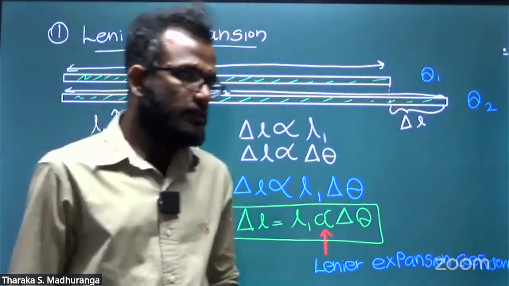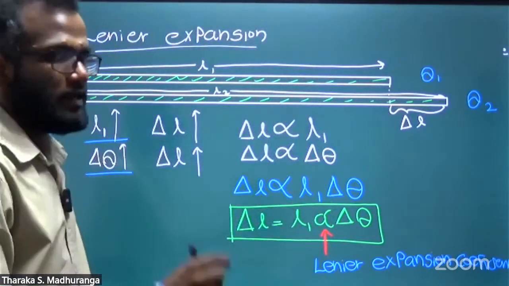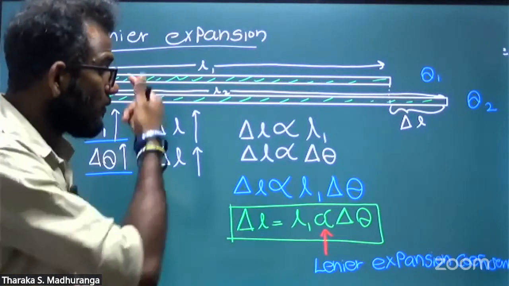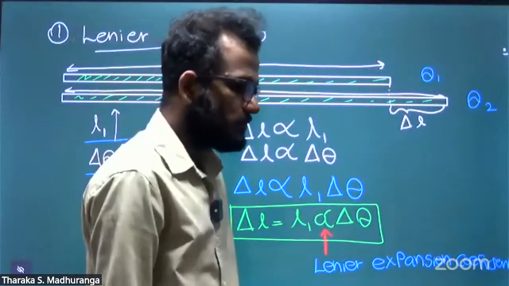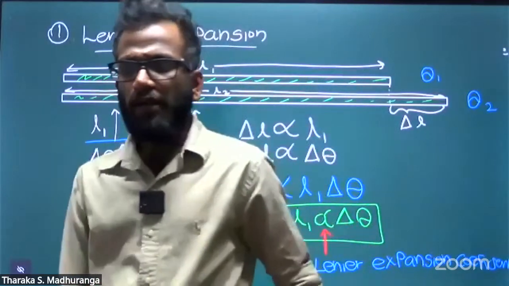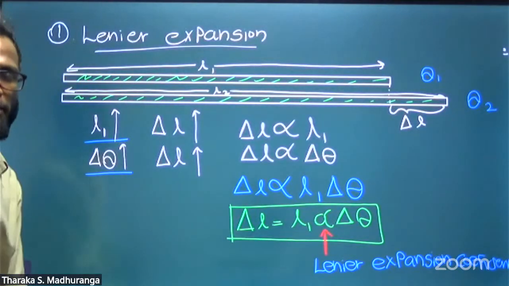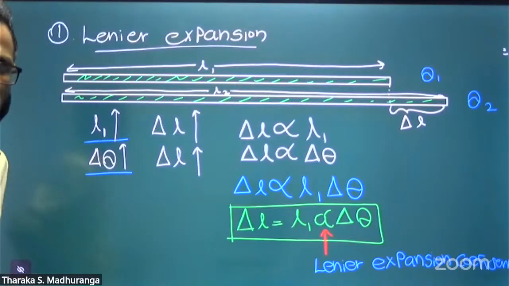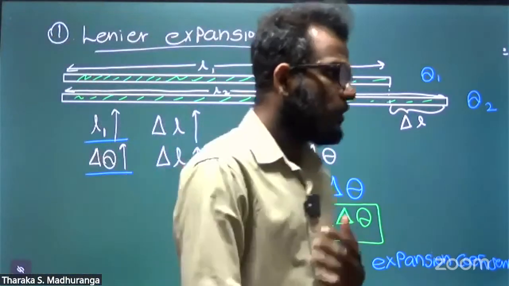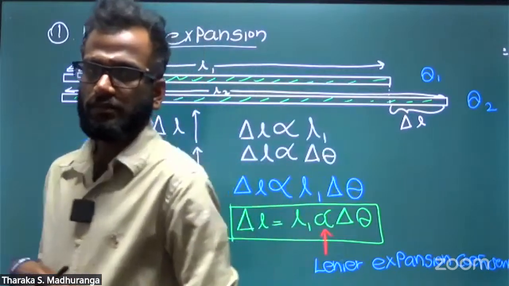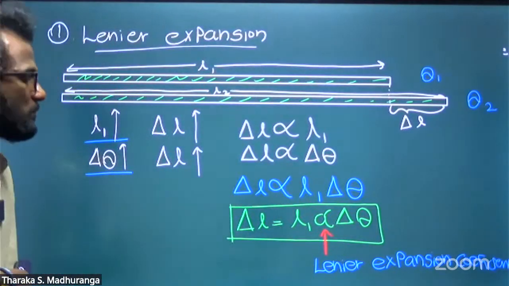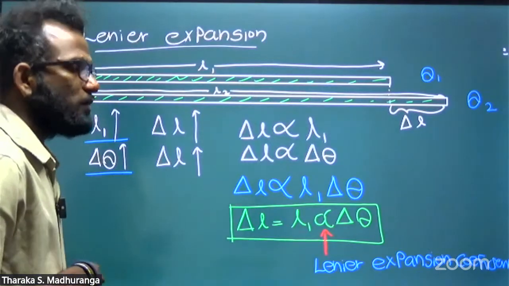The alpha, that means the linear expansion coefficient, is a constant that depends on the matter or substance type.